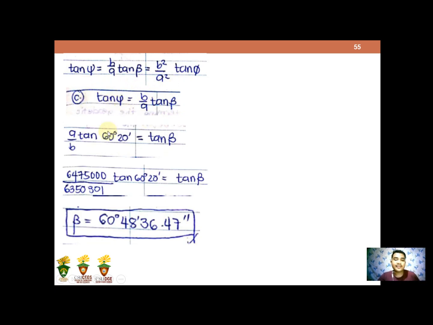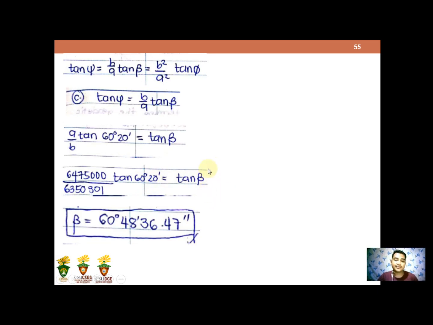So we have this equation: A over B tangent, where the given is 60 degrees and 20 minutes, is equal to tangent reduced latitude. Substitute the value of A and B: 6475000 over 6350301, tangent of 60 degrees and 20 minutes equals tangent beta.